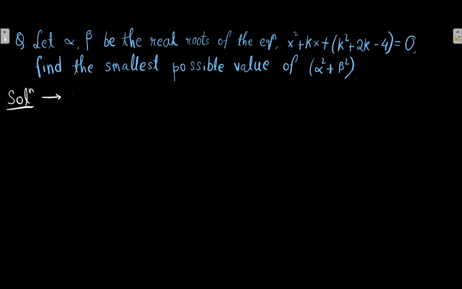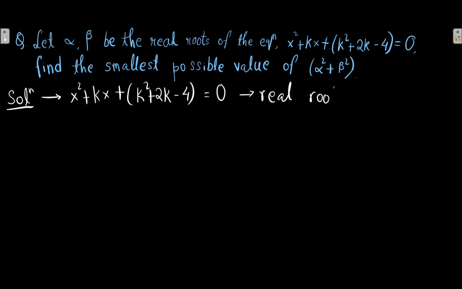The given quadratic equation is x square plus kx plus k square plus twice k minus 4 equal to 0, and this has real roots alpha, beta.